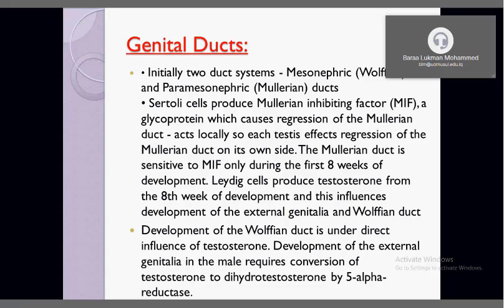If this conversion occurs and the enzyme is present, this dihydrotestosterone influences the masculinization of the external genitalia into the male sexual organ. If it is absent, or if the conversion does not occur, the external genitalia of that individual will develop into female external genitalia. Is it clear?